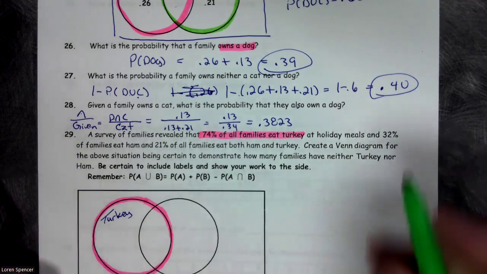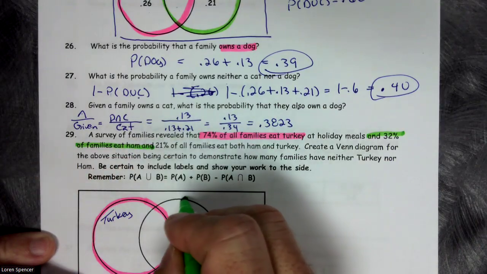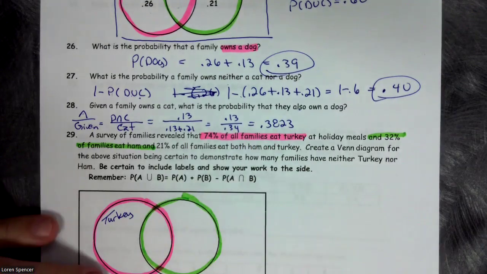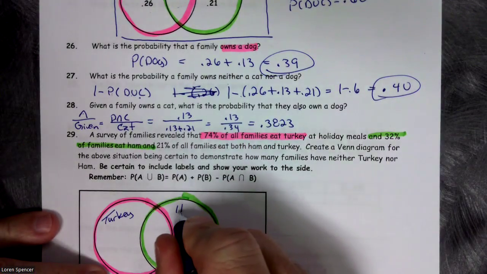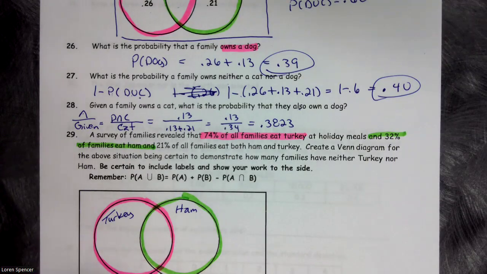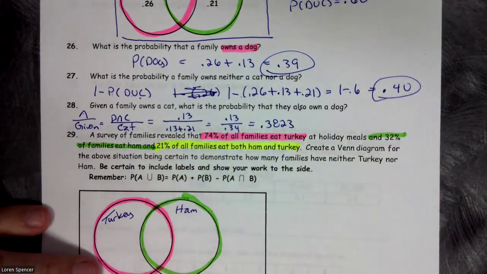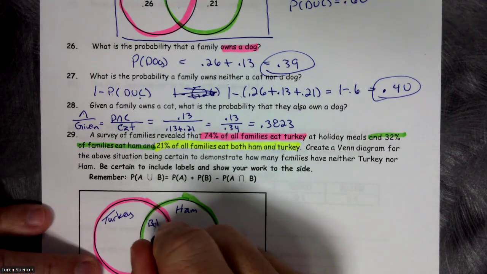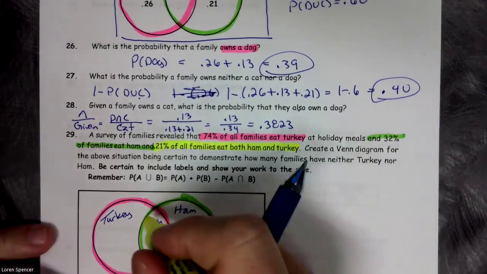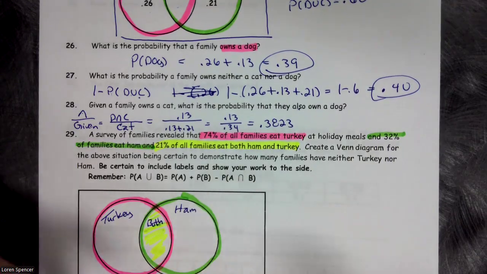So then we have our ham families. And 21% eat both. Well, this is the both. And we can say, hey, you know what? This is 0.21. So that's where the both is.